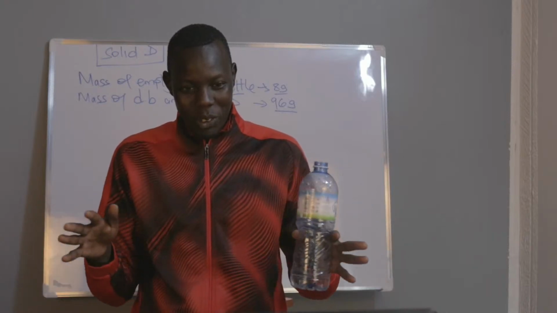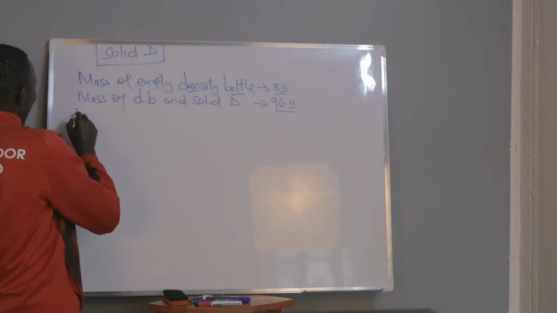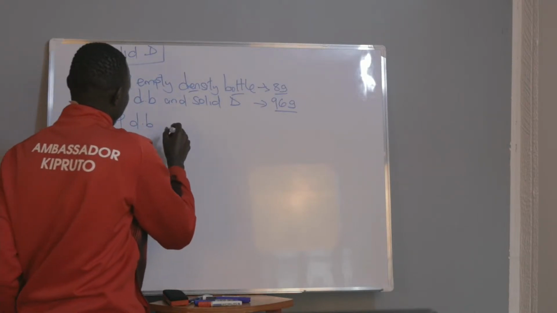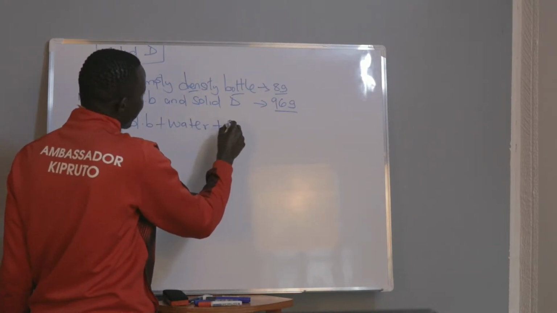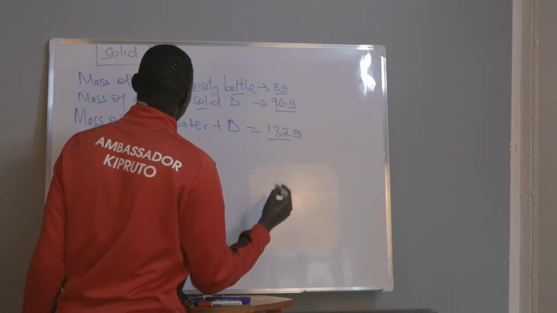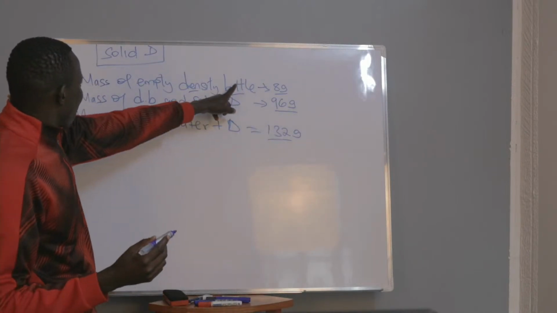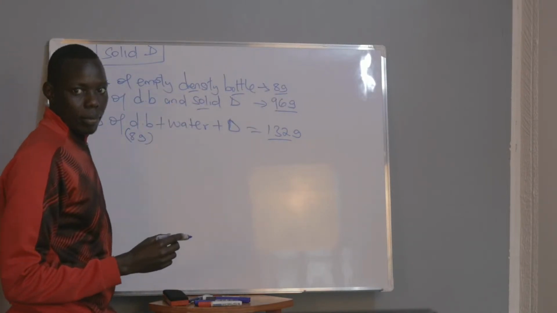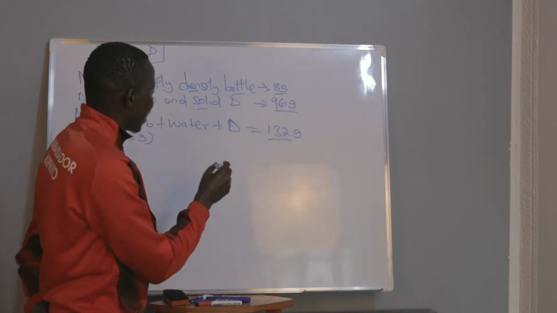Mass of this bottle plus water and solid D gives us 102 grams. But kumbuka pale tumeambiwa the mass of empty bottle ni 8 grams. Kwa swali yetu pale tumeambiwa the mass of water ni 30 grams.